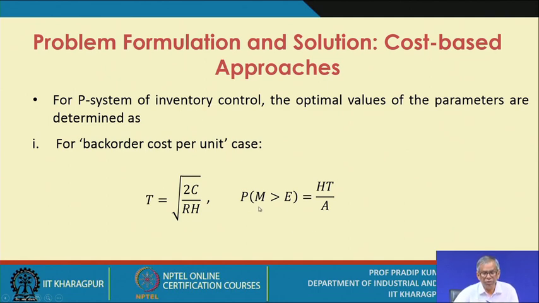That is the probability that the demand during order period and lead time is greater than E, where capital E is the maximum inventory. So this is the probability of stock out, and where capital M here for these P systems of inventory control, please make a note, this refers to the demand during the order period plus lead time. So the right hand side is HT by A.